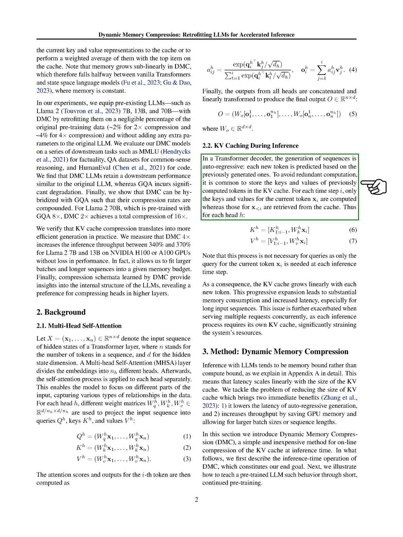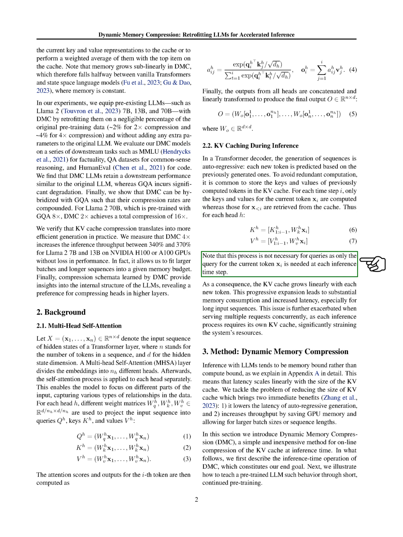At each time step i, we only compute the keys and values for the current token x_i, while retrieving those for previous tokens from the cache. This process is not needed for queries since only the query for the current token x_i is required at each inference time step.